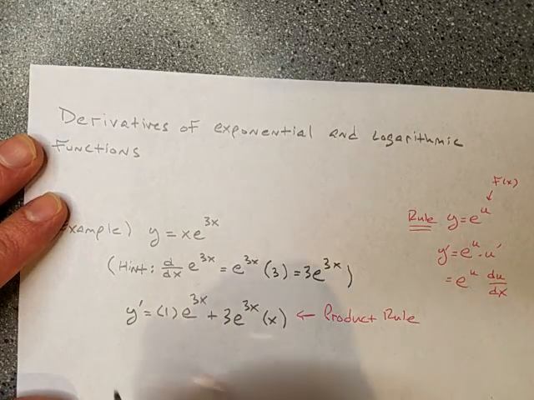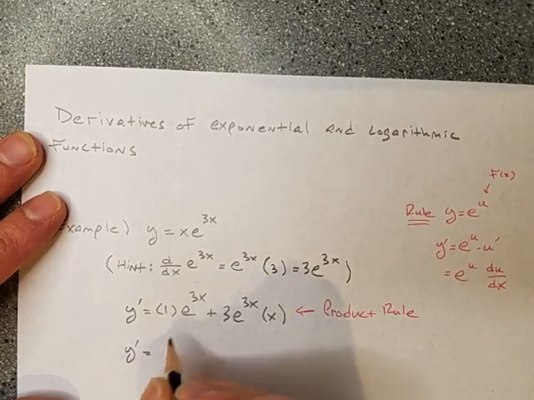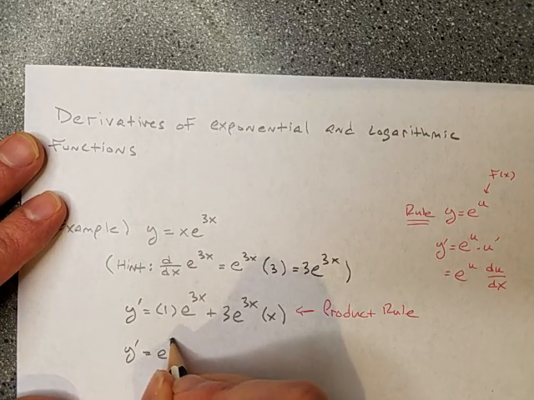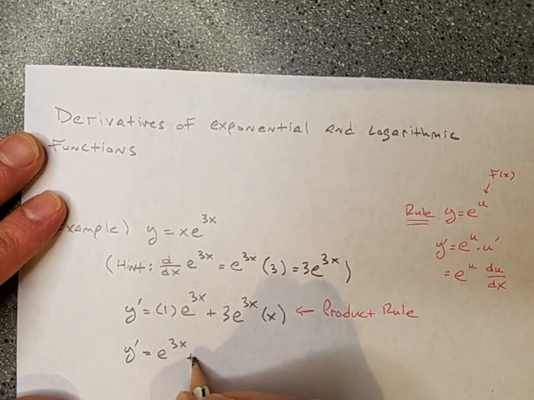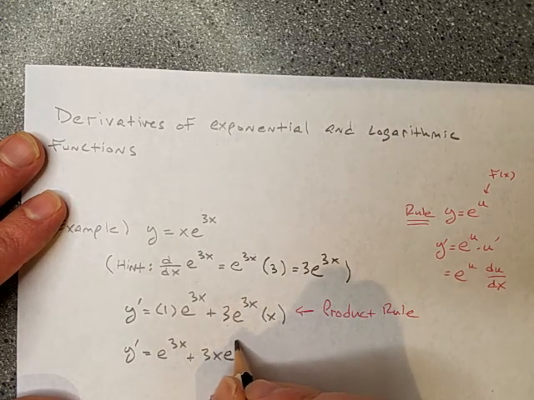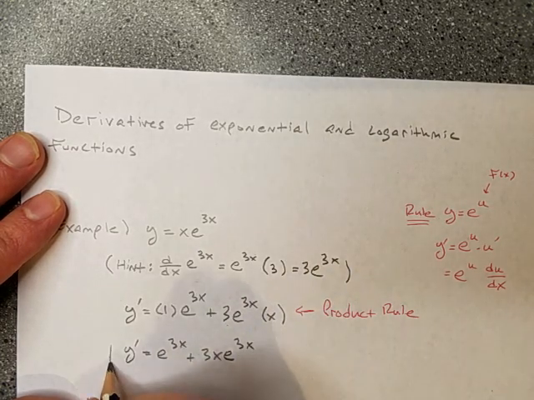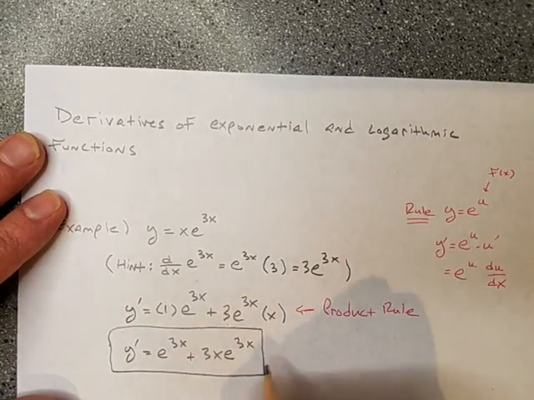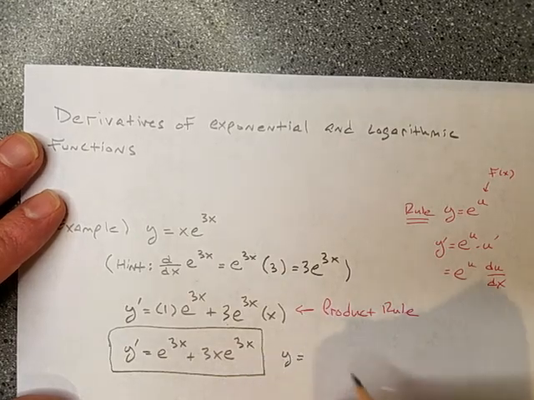So we could write our final answer something like this. I wrote the one there just to emphasize how I was using the product rule, but e to the 3x plus 3x e to the 3x. Okay, that will be okay. But you might see it simplified a little bit further.